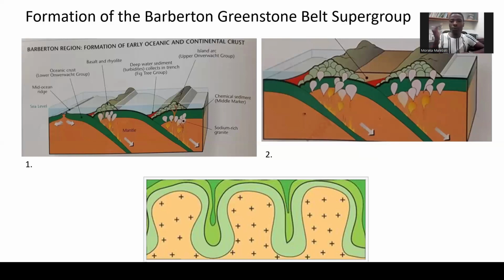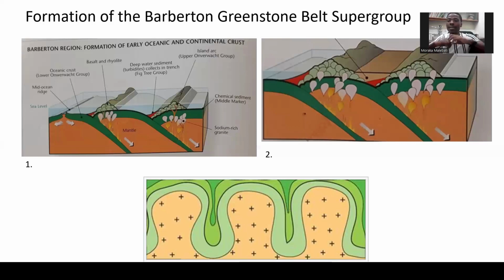Now, I'm sure you must have guessed it right that the granite gneiss complexes formed from the sedimentary rocks that were trapped between these island arcs. Then during compression, these sedimentary rocks were heated and tremendously compressed.